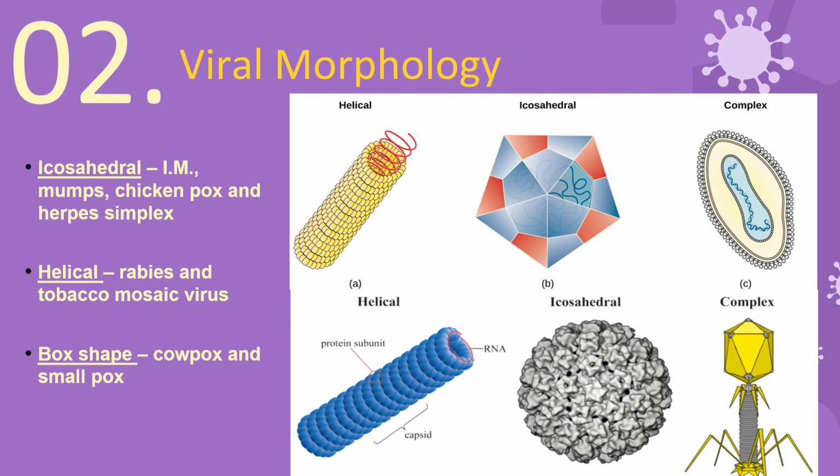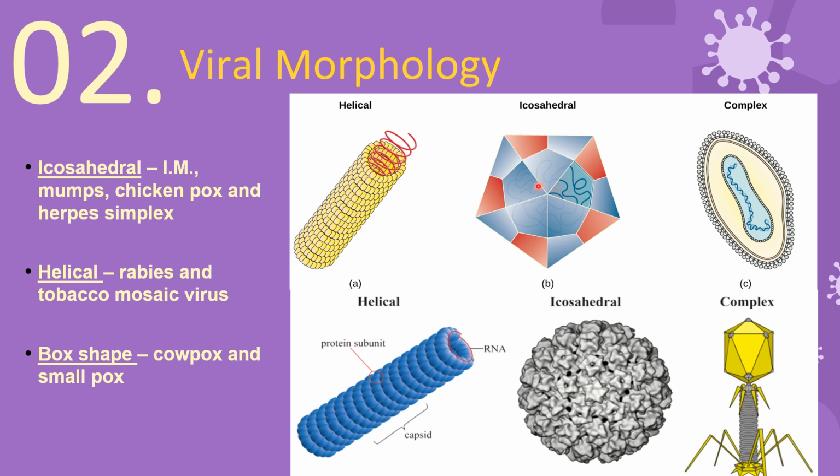Now, if you look at this slide, you will see the viral morphology or the viral architecture in viruses. And it comes in three different morphologies. You have the helical, icosahedral, and complex. Your helical resembles a helix or spiral or spring, while your icosahedral, we can see 20 faces of equilateral triangles.